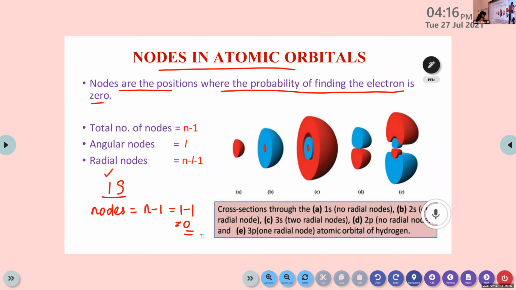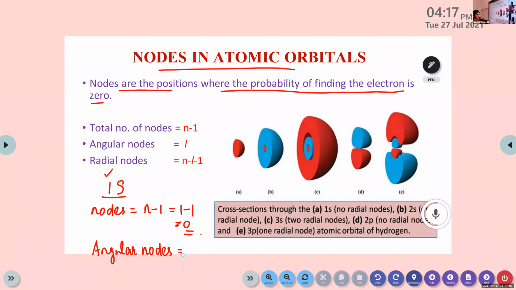And here the angular node is L. So can you tell me the angular node of this one? It is the s subshell. The L value can be calculated from the subshell, right?